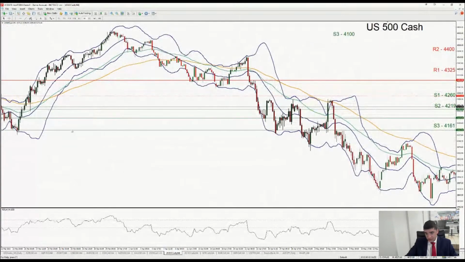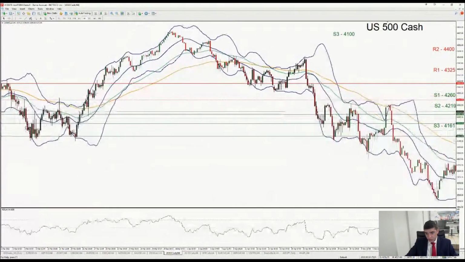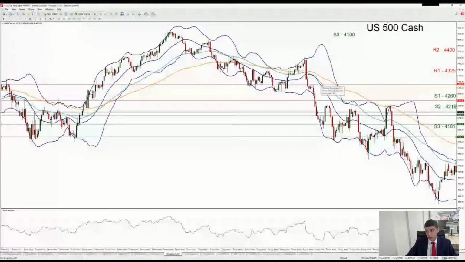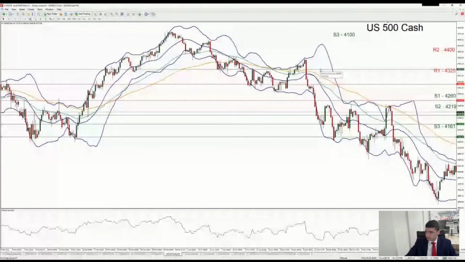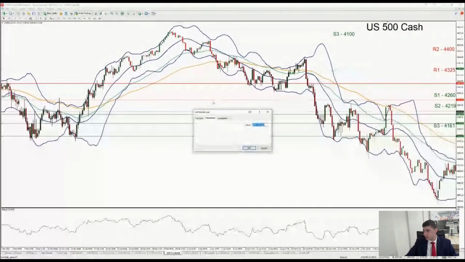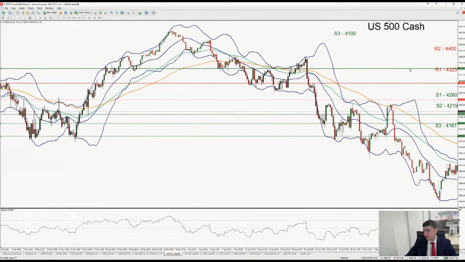As you can see, our S2 is validated as well on numerous occasions, and S3 for a greater degree of support in terms of our support and resistance lines. And I would actually bring my new S3 around this level here, around 4,465. This would be my new R3 level.